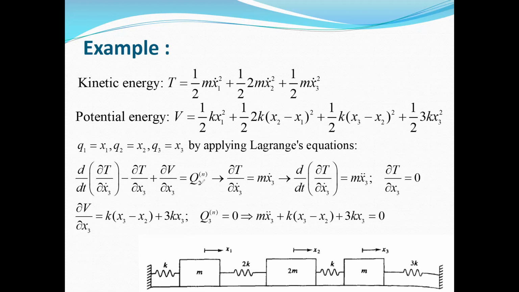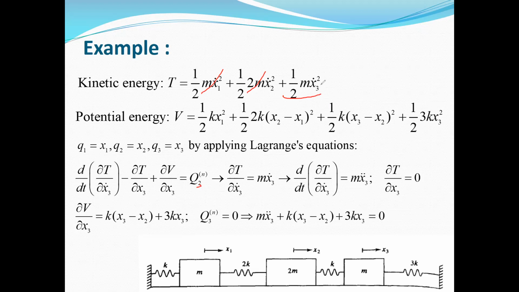And here, of course, this is Q3 and this Q3 is again 0. For the partial of T with respect to x3 dot, this term is 0, this term is 0, and only the last one, which has x3 dot, will appear in this derivative.